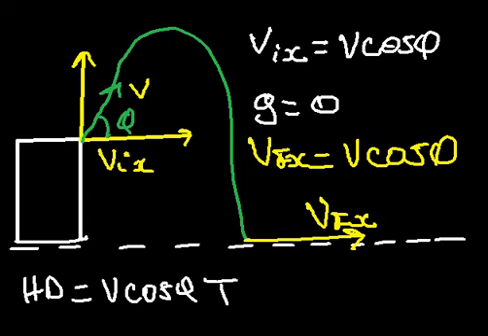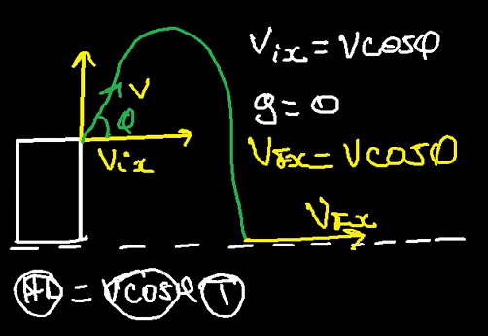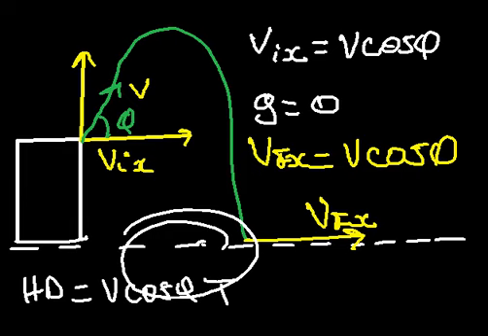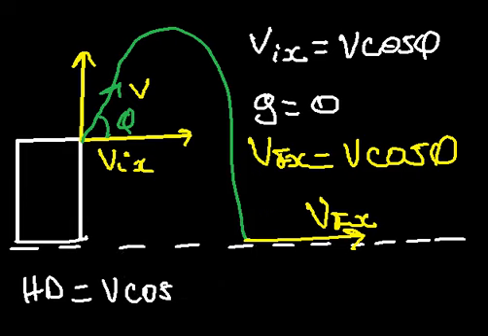Which means if we have the horizontal distance and the initial velocity along the x-axis, we can have the total time using that formula. So now you can know what is happening there. That's how we should understand the analysis of the motion along the x-axis, for this case of the projectile motion.